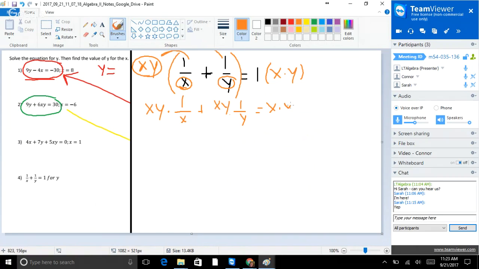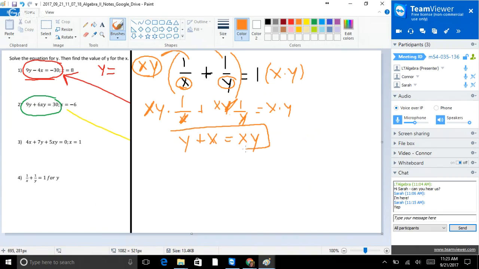So it kind of looks like we got worse, right? But this is where the magic comes in. We get to cross off an x in the numerator and an x in the denominator, and a y in the numerator and a y in the denominator, and we're left with y plus x equals xy.